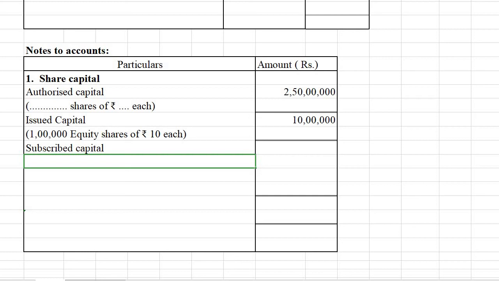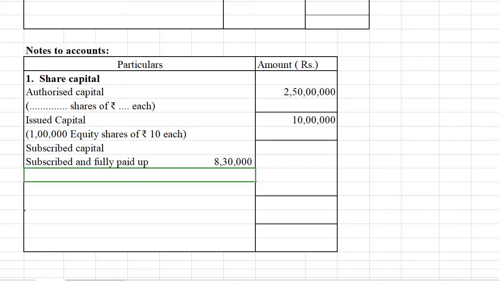That means total how many shares did not pay? 10,000 and 7,000. 17,000 shares did not pay the amount. So subscribed and fully paid up capital is 83,000 shares at the rate of rupees 10. So 83,000 shares at the rate of rupees 10, 8,30,000.